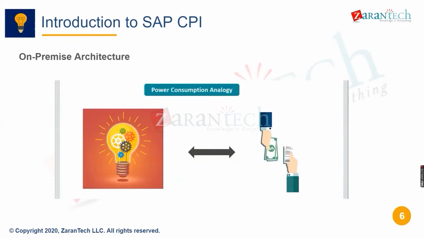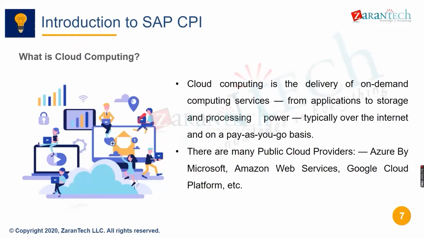Now let's jump into what exactly is the definition of cloud computing. If I give the complete formal definition, you will just wonder what cloud computing is. So first of all, I will put it this way. Now you have all the systems, servers, maintenance, and deployment in the same place, right? If you go for on-premise, they are in the same company.